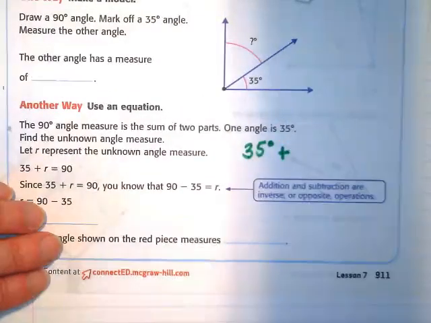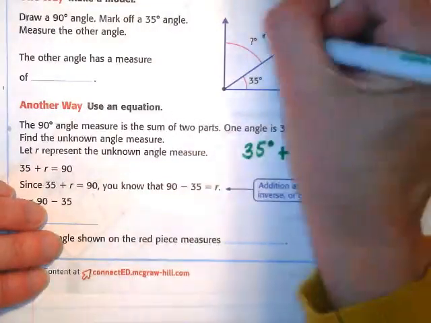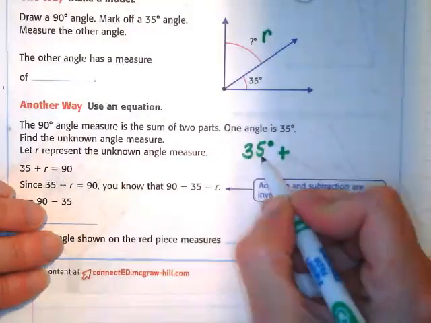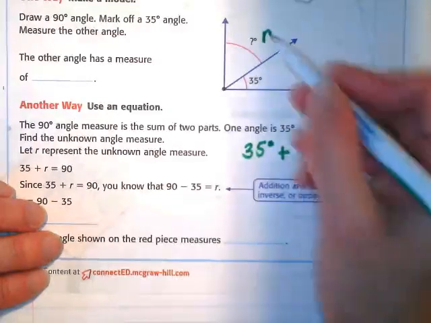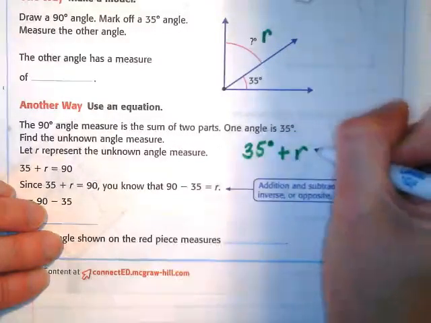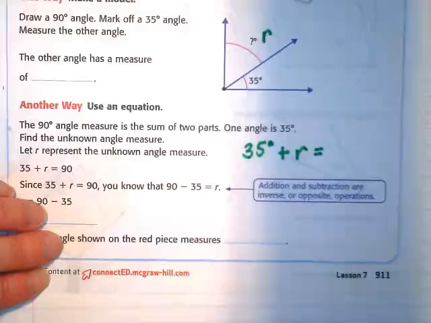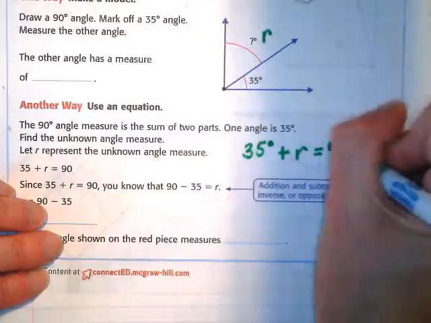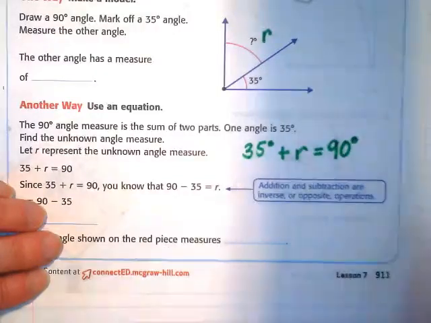So we need to give that angle that we don't know a letter to be our variable. I'm just going to pick R. So I'm going to say 35 degrees plus R is going to equal the total that we already know from our problem, which is 90 degrees.